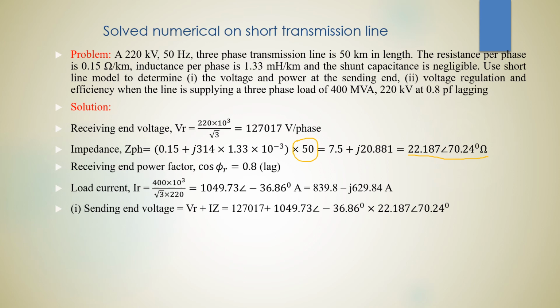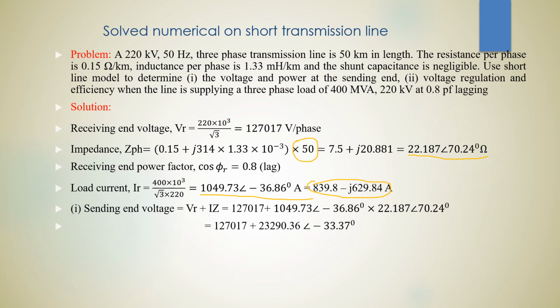So it gives us 1049.73 angle minus 36.86 degrees in amperes. This is in polar form, which is converted into rectangular form. As it is a complex quantity, polar to rectangular and rectangular to polar conversions are used.